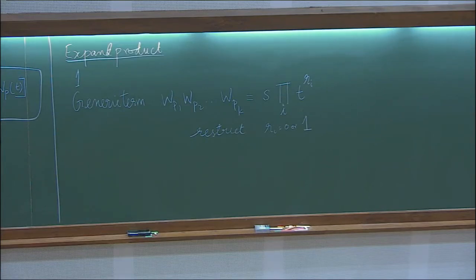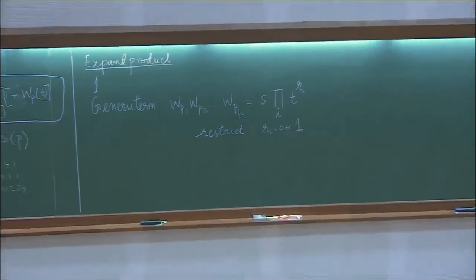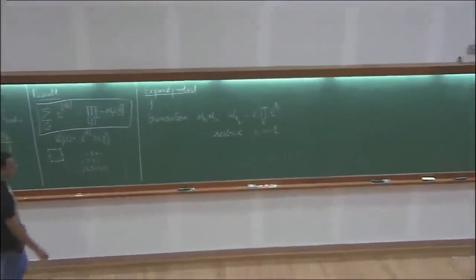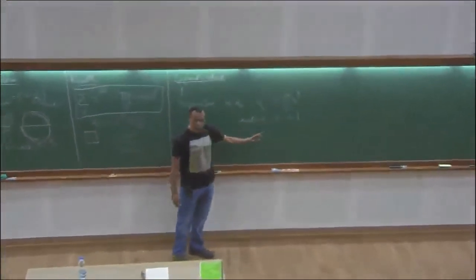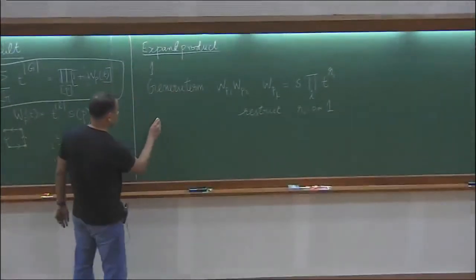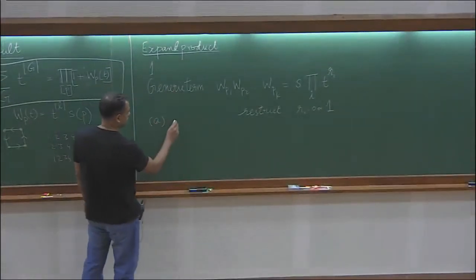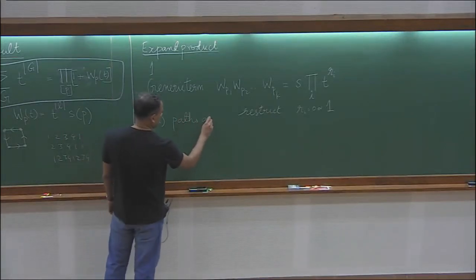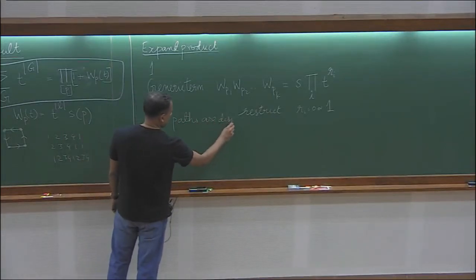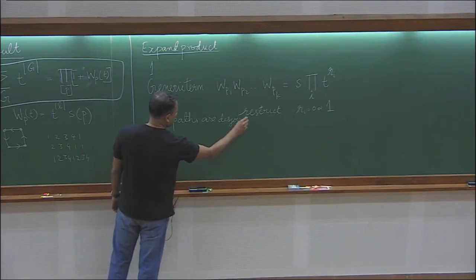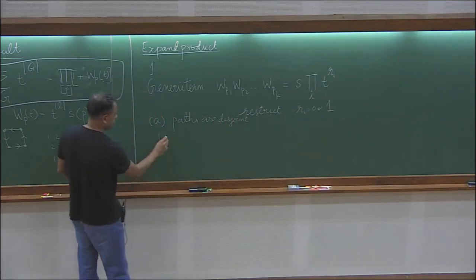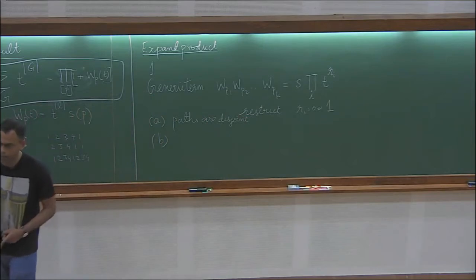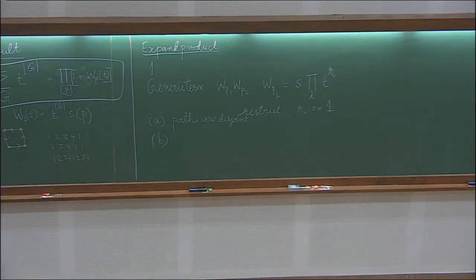So suppose there is a product of many walks, and each bond is traversed only once. So there are 2 possibilities. Possibility 1 is that the paths are disjoint. And in possibility 2, they could overlap, but when they overlap, they cannot go through the same bond twice, so they can intersect only in a vertex.